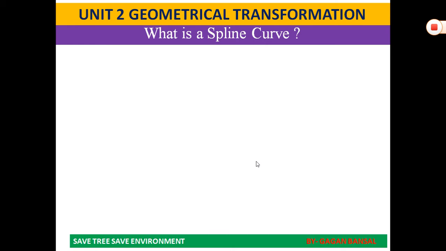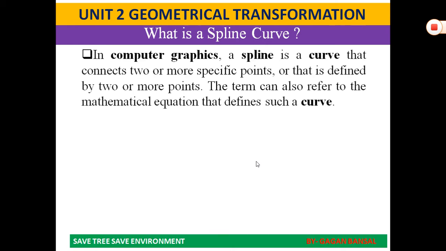So what is a spline curve? In computer graphics, a spline is a curve that connects two or more specific points, or that is defined by two or more points. The term can also refer to the mathematical equation that defines such a curve. In general, when we are studying computer graphics and we are defining geometrical modelings, we often use the term splines, as spline is, we can say, a curve which has well defined control points.